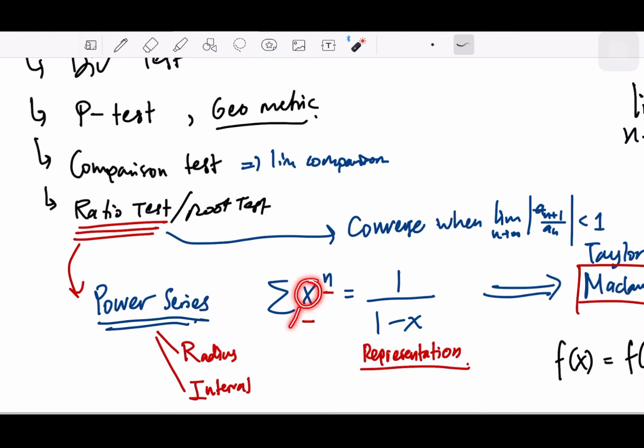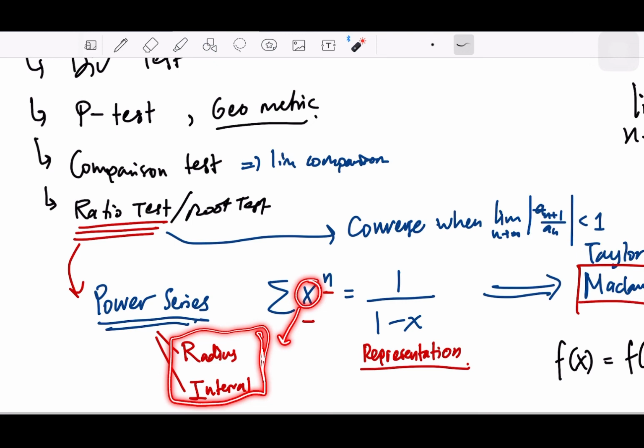We have x in which we have this interval of convergence. So the convergence is not equal to one number, but it can be some interval. And we have two terms to describe that, the radius and the interval.